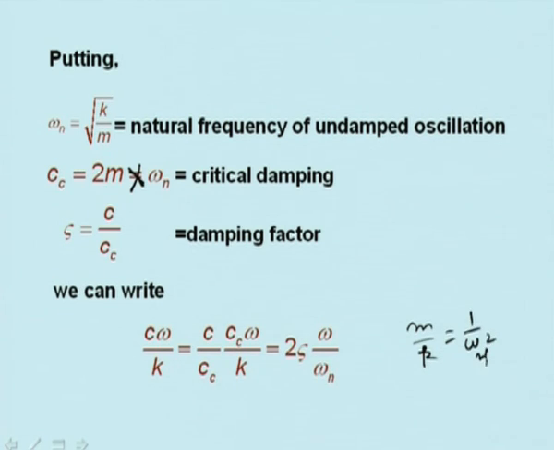So like that we just do it simply. So we will get cω/k is 2ζ(ω/ωn), where ζ is the damping factor.